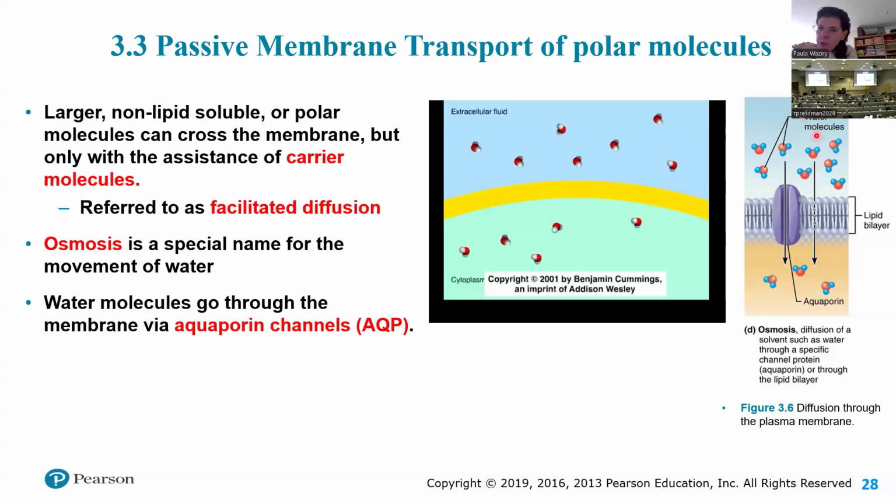Since you have more water outside of the cell, water molecules are going to go through the membrane via special channels called aquaporins. Okay, so pores of water, aquaporins. So water will go through aquaporins to the inside of the cell through diffusion, right? So here is the name of the channel that allows water transportation. Those are your aquaporin channels.